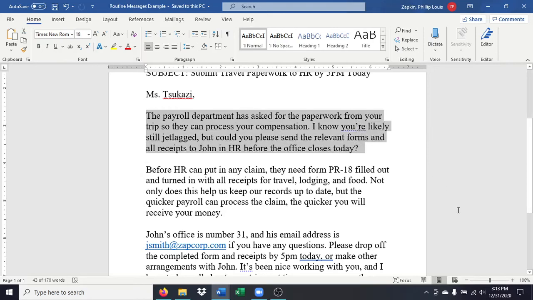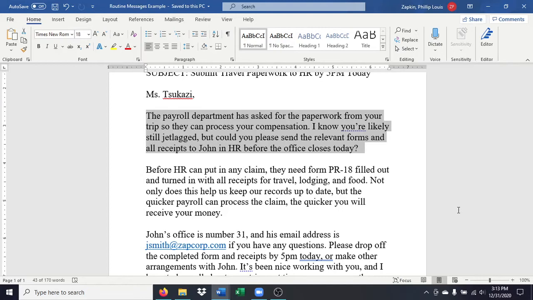So if we look at this first paragraph, this is the opening. In the opening, you want to do three main things, or you want that opening to have three major characteristics. The first is that you want it to be polite and tactful. The second is that you want to acknowledge that you're likely asking someone to do something. And people generally prefer not to have to do something if they don't need to.